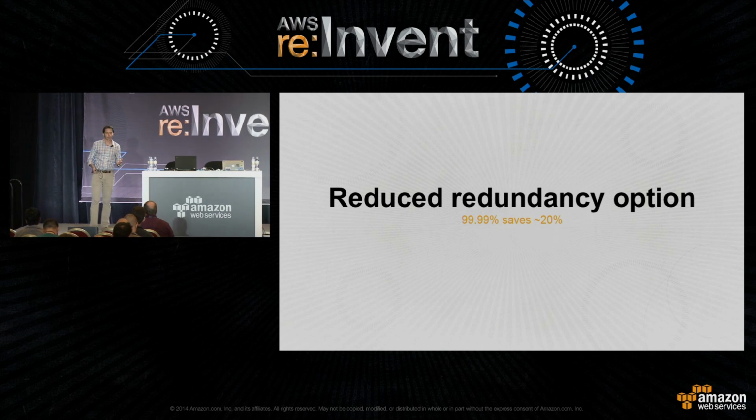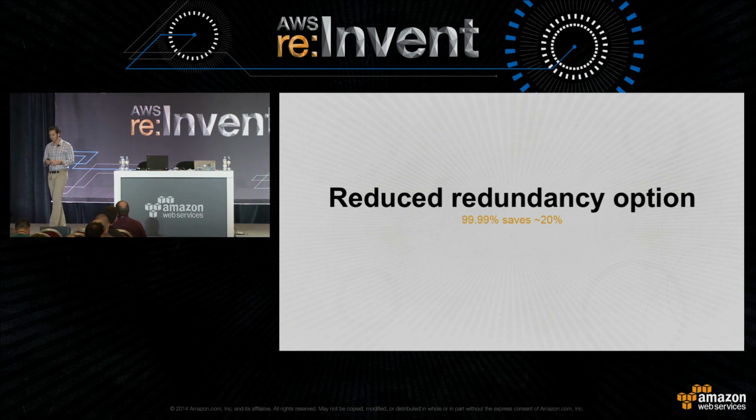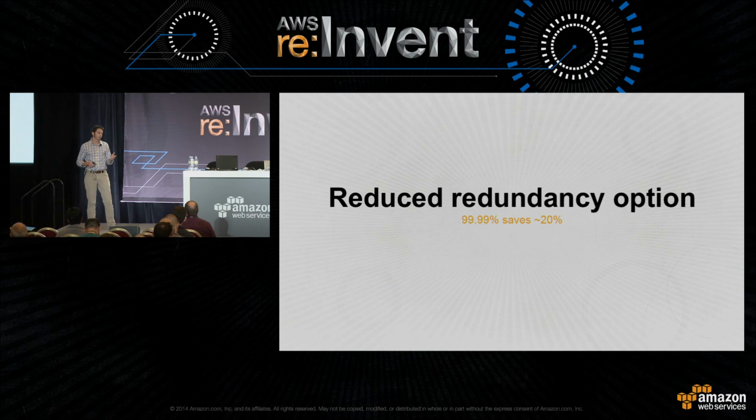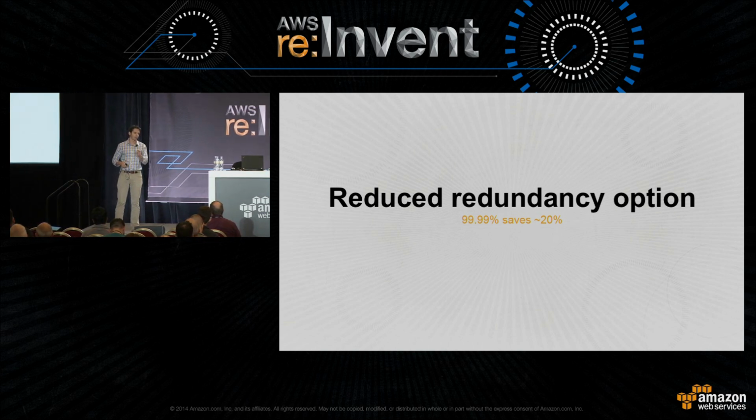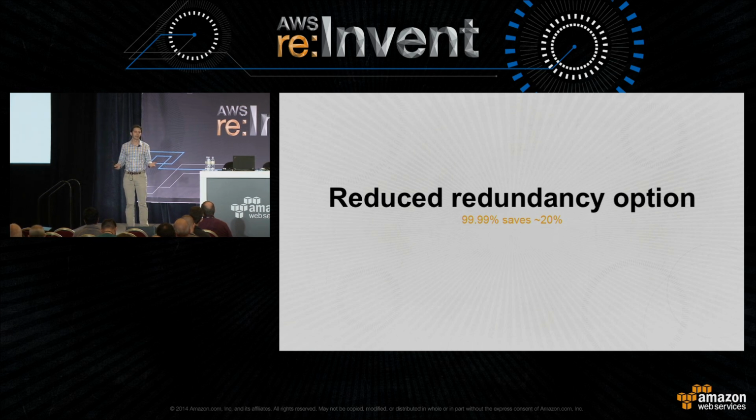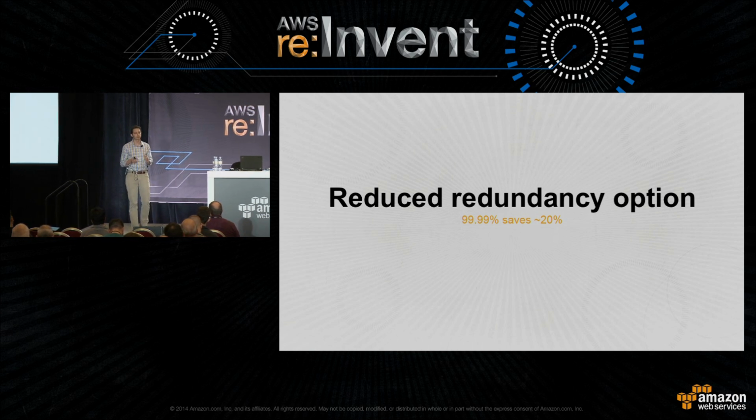And then we have customers that are saying, we understand that S3 pricing is very compelling, and we're going to talk about that in a few minutes. But, it's great that you have 11 nines of durability, but we do have data sets that are reproducible or are very temporary in nature, and we can settle for less durability, and we'd like to pay less. And so we introduced the reduced redundancy option.